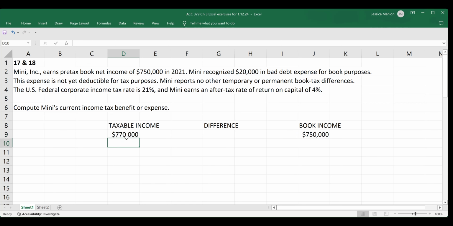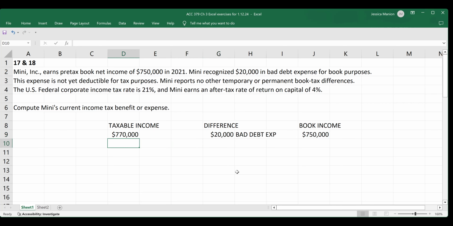Because until we actually write off an account, we don't get to claim that for tax purposes. Of course, the difference here is that 20,000 bad debt expense.